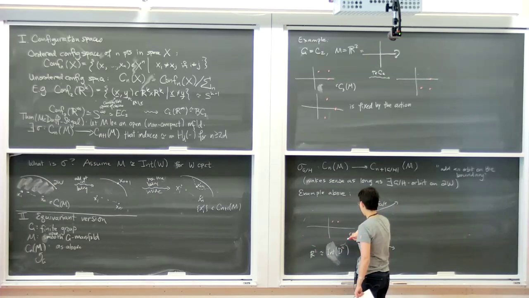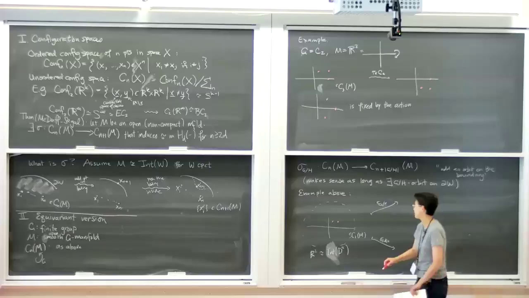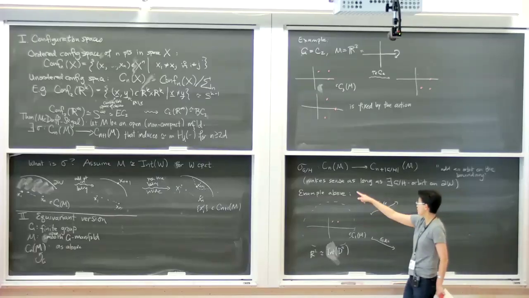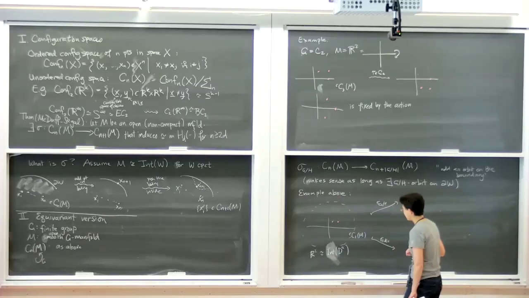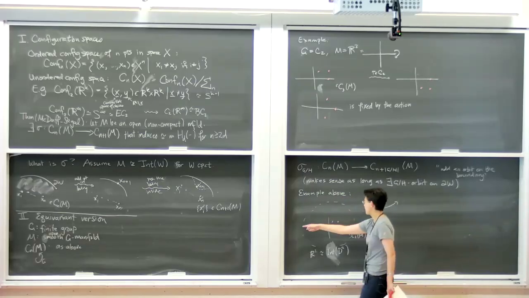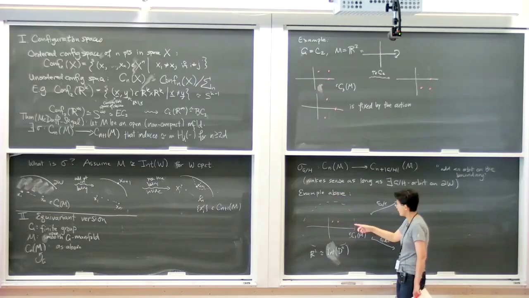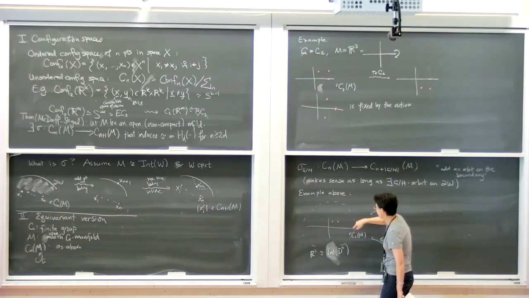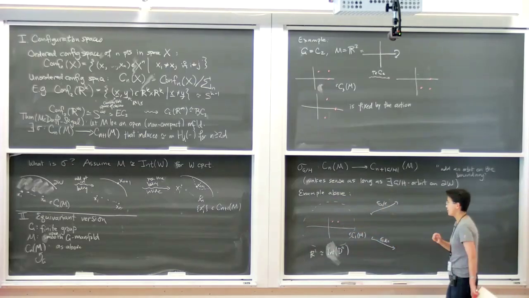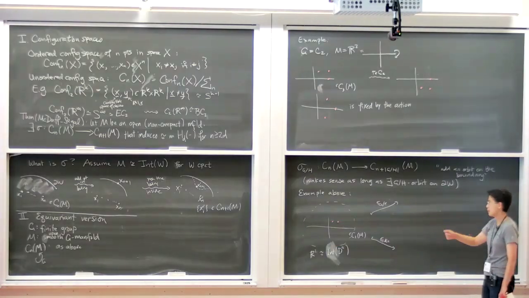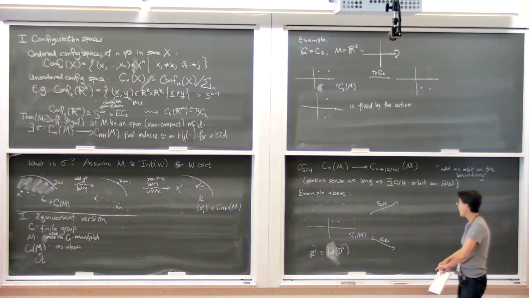I'm imagining all these points at infinity. Those are the boundary. The points here and here at infinity are fixed points on the boundary. The points everywhere else are free orbits on the boundary.